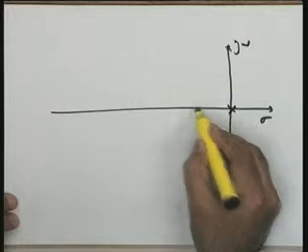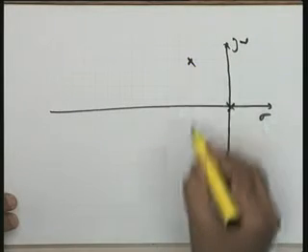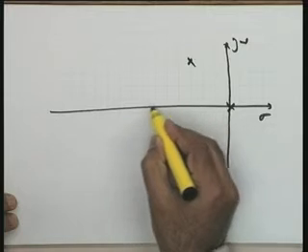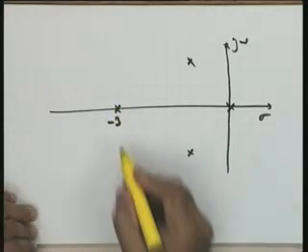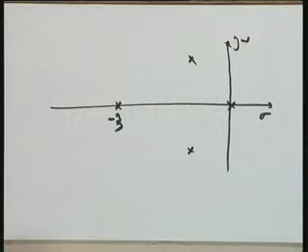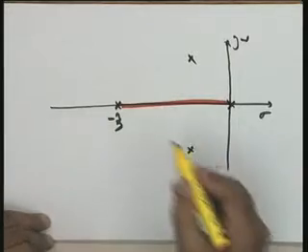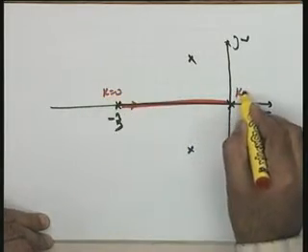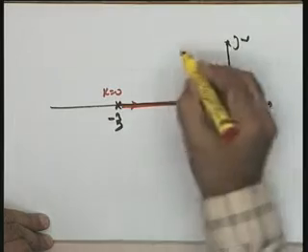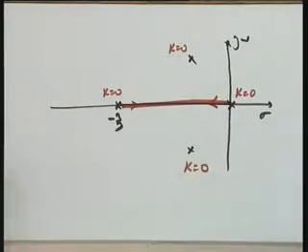So, if I take this 1 over here, 1, 2, 3, roughly, okay, hopefully this is a better picture compared to the earlier situation. You find that in this particular case, this total is on the root locus. So, naturally one branch starts from here, k is equal to 0, another branch from here, k is equal to 0, one more branch, k is equal to 0 here, and k is equal to 0.